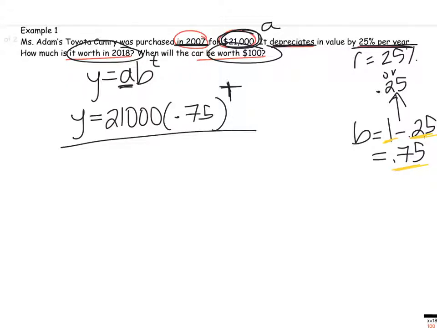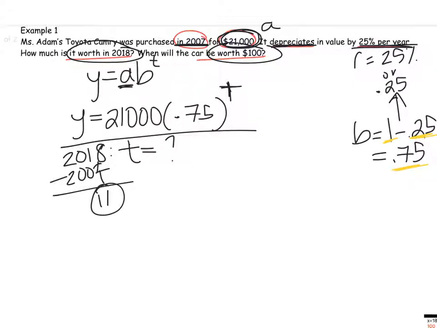To figure out what the car is worth in 2018, I need to figure out what T equals. Well, 2018 is 11 years after 2007. So if I subtract 2007 from 2018, I will end up with 11 years. So if T is 11, I'm just going to plug in y equals 21,000, my initial amount.